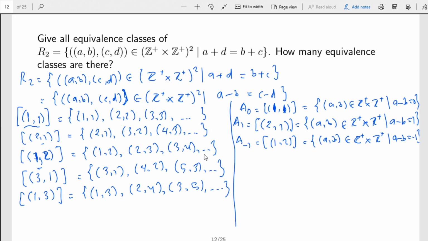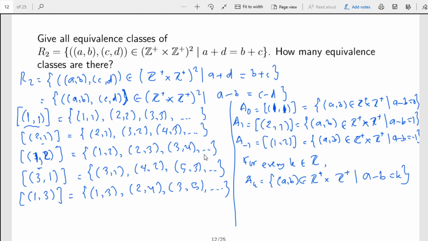So essentially for every integer k, you have an equivalence class. You define ak as the set of pairs (a, b) in positive integers such that a minus b is equal to k.